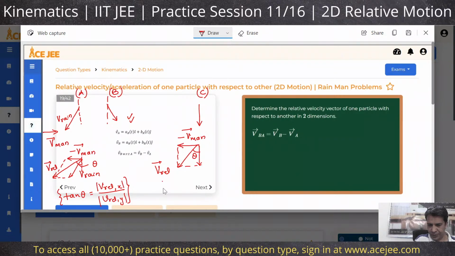What is theta? Tan theta is the magnitude of V man divided by V rain, where V man and V rain are the magnitudes of the velocities of man and rain. Any questions on this front?